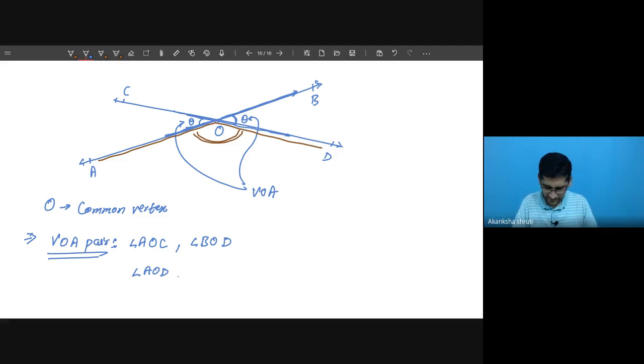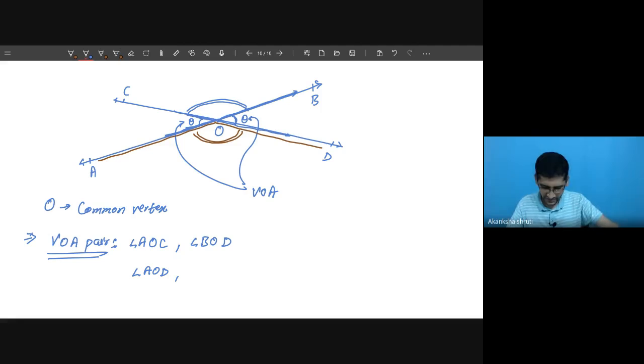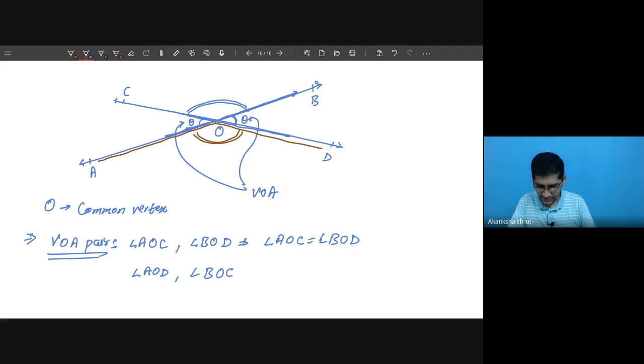And just extending to the other, you will get this new angle, angle BOC. And we will observe, or even we can prove, that angle AOC is equal to angle BOD, and angle AOD is equal to angle BOC.